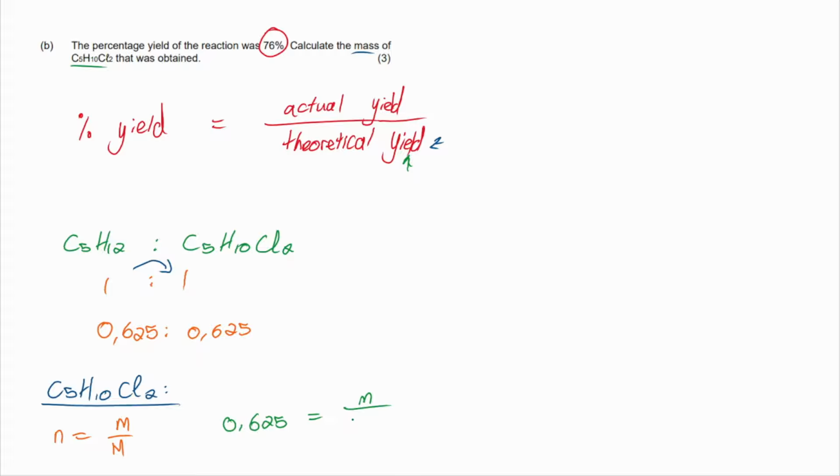What we can do is use our periodic table, and we'll find the molar mass of this thing over here is 141. So that then gives us our theoretical mass: if I put that in the calculator, 0.625 times 141, that gives us 88.125 grams.